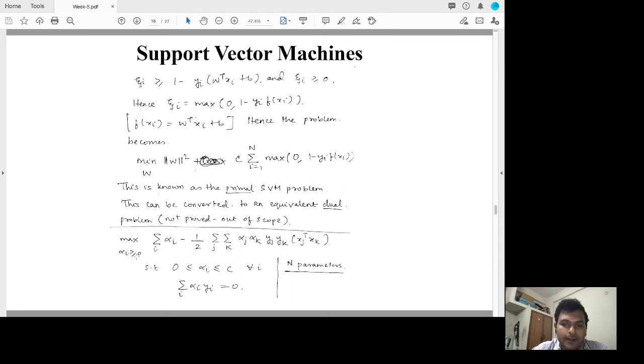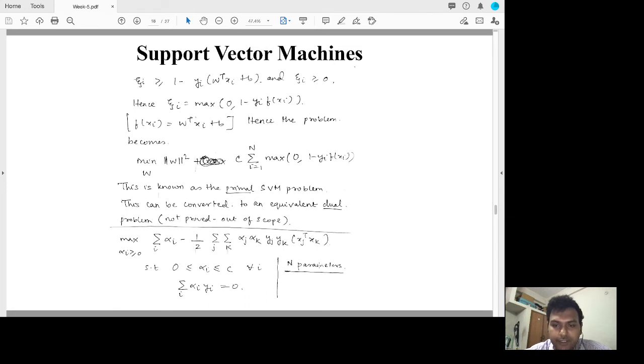That is a standard thing between primal and dual problems, and you get some alpha i greater than 0. I will not go into the details, but these are some constants which lie between 0 and c, and you have some more constraints of alpha i into yi equal to 0, and you have this big optimization problem now. So these two problems are equivalent, so you can solve any one of them and you will get the same answer.